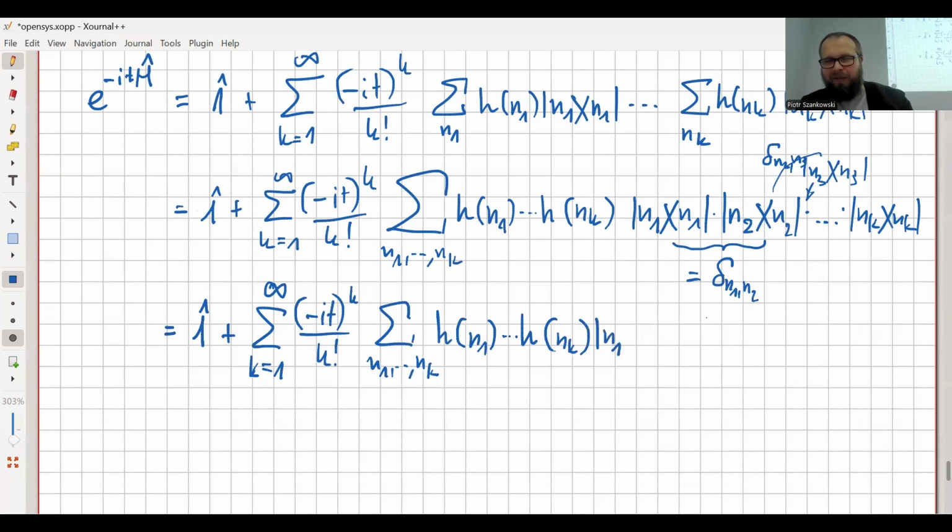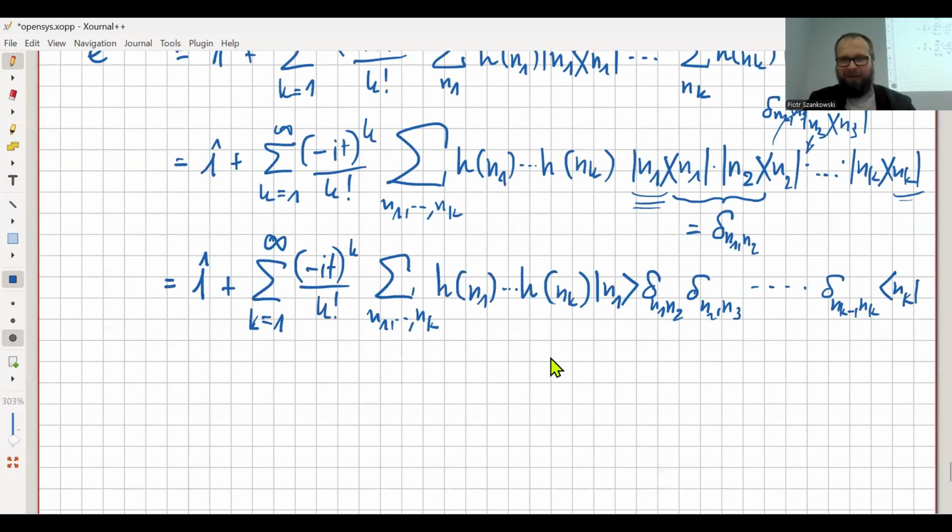So we will be left with the ket from the very left side, and the bra from the very right side, and the rest will just turn into deltas: n1 and n2, n2 and n3, up to delta of n(k minus 1) and nk, okay? And deltas are easy to handle with sums, right? So what it tells us is that all the n's will be the same, and we'll be left with only one n at the end.